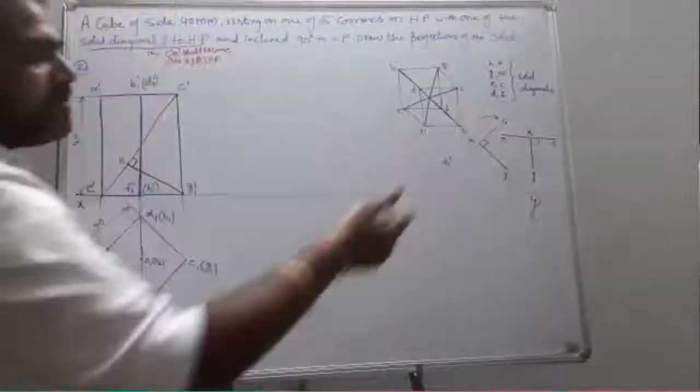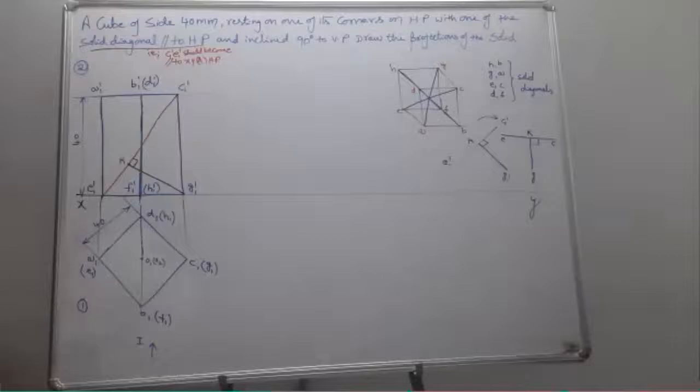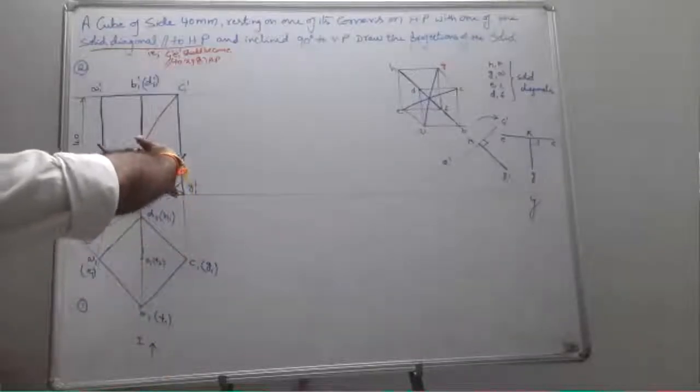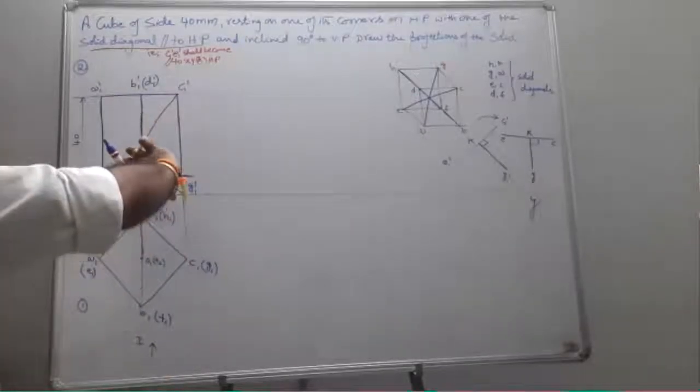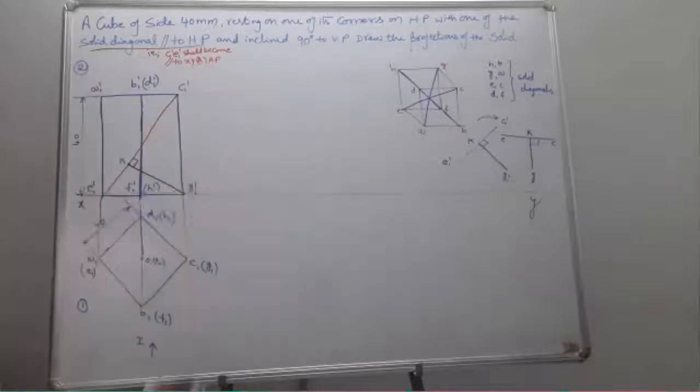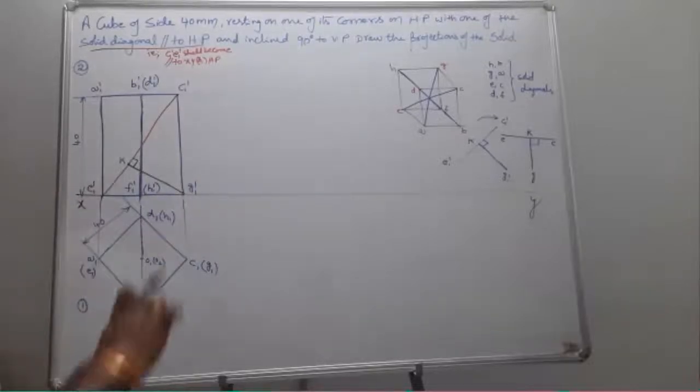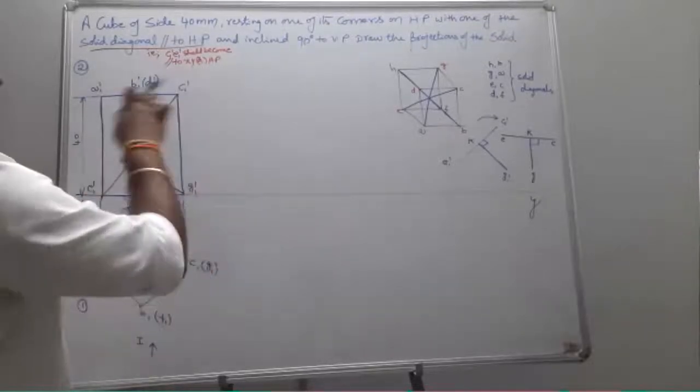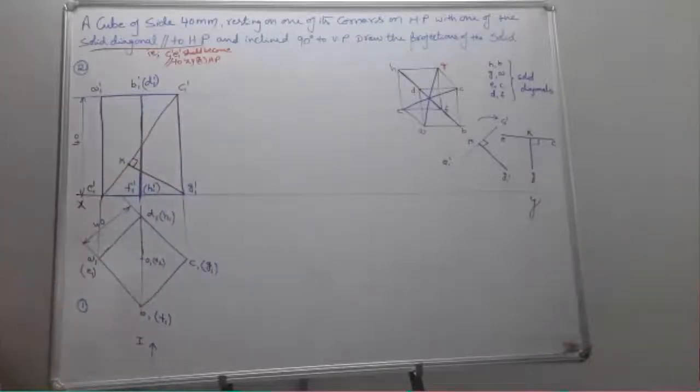E dash C dash becomes horizontal. Okay. Now what I should do is reconstruct the figure in such a way that GK becomes vertical. When GK becomes vertical, EC becomes horizontal.